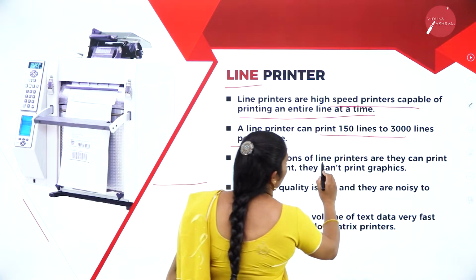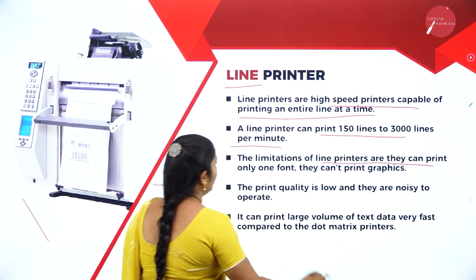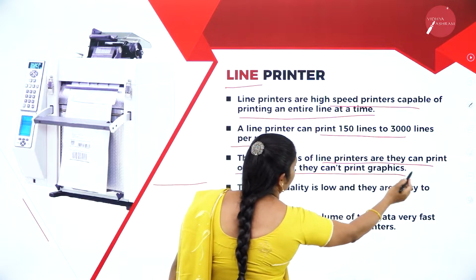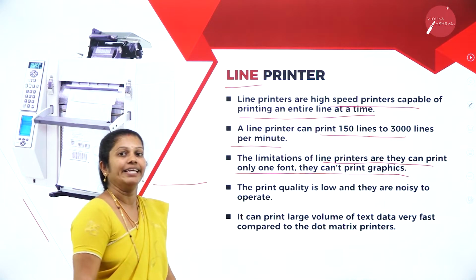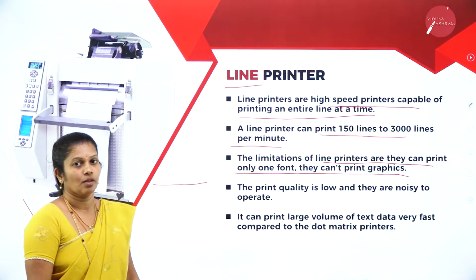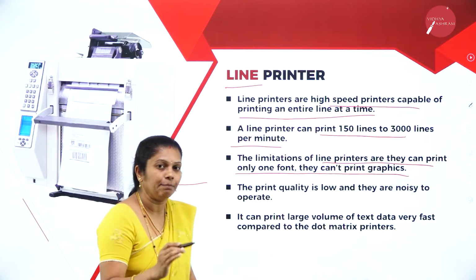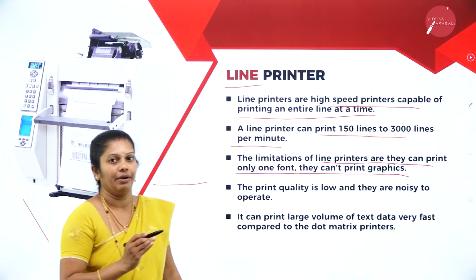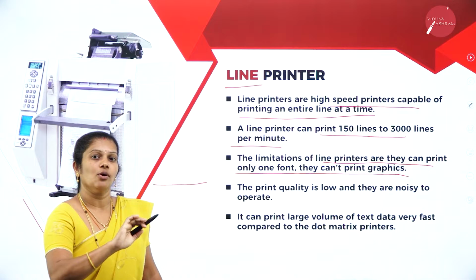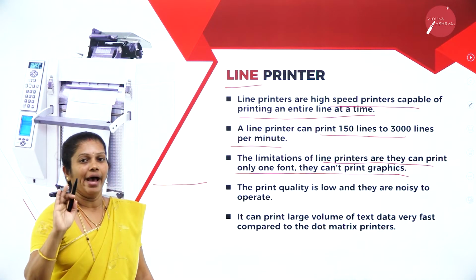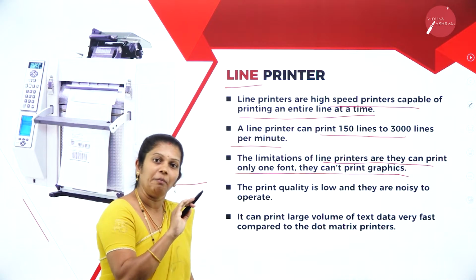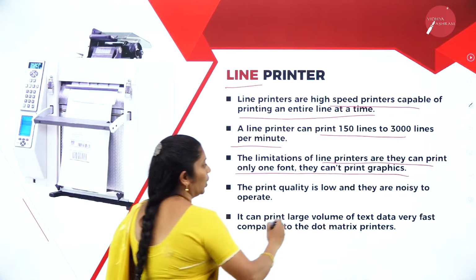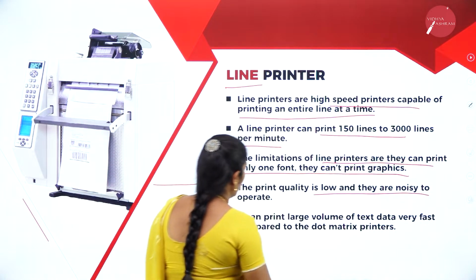The limitations of line printers are that they can print only one font. They cannot print graphics. Only one color it can print. Different colors are not possible here, and pictures cannot be printed here. The print quality is low and they are noisy.